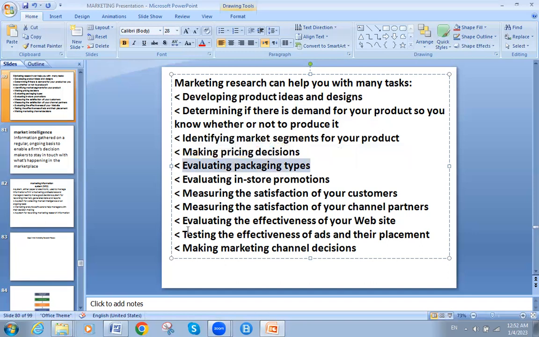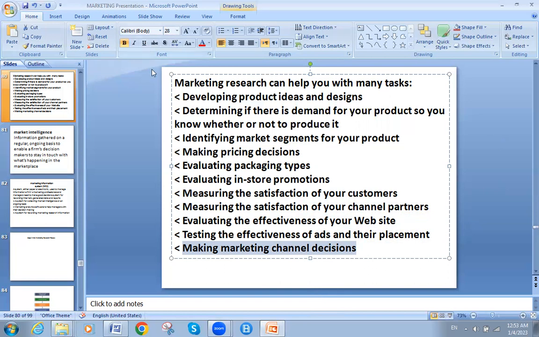Is it okay, suitable, proper or not? And so on. Evaluating in-store promotions. Measuring the satisfaction of your customers. Measuring the satisfaction of your channel partners. Evaluating the effectiveness of your websites. Testing the effectiveness of the ads, the advertisers, and their placement. Making marketing channel decisions.